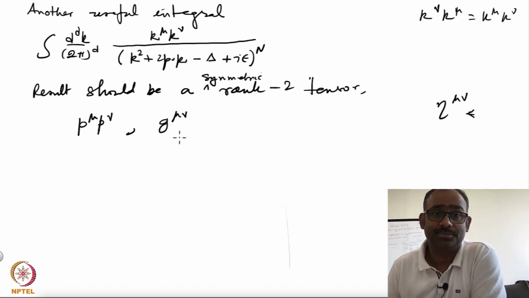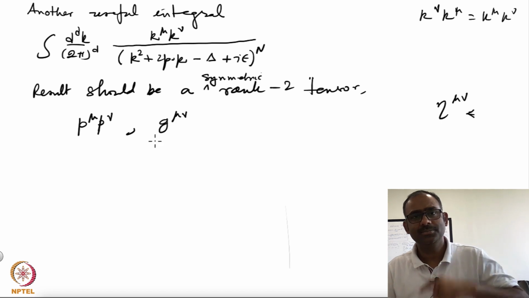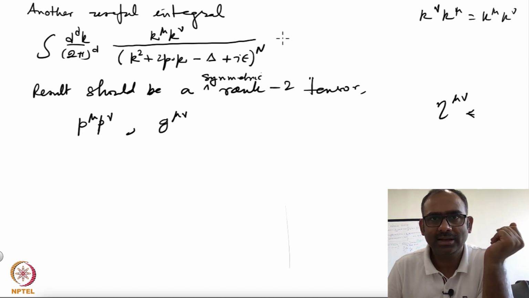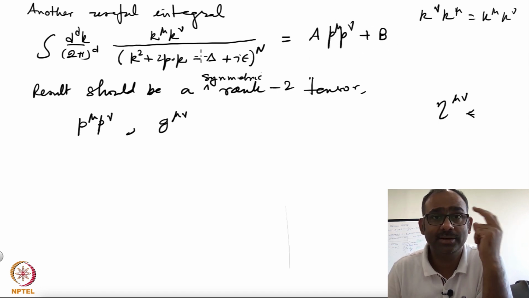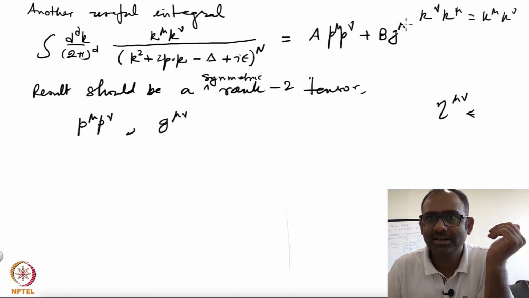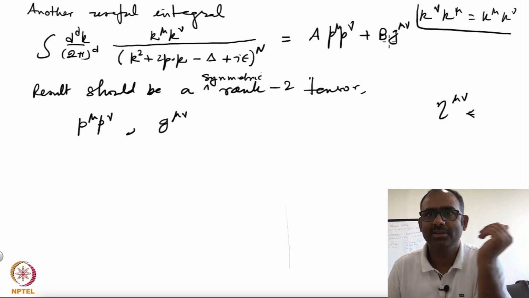That is your metric tensor. So whatever this result is, it has to be some constant A times p^μ p^ν plus some constant B times g^μν, and that constant B will depend on Δ, n, d, all those variables. But the general form has to be this.